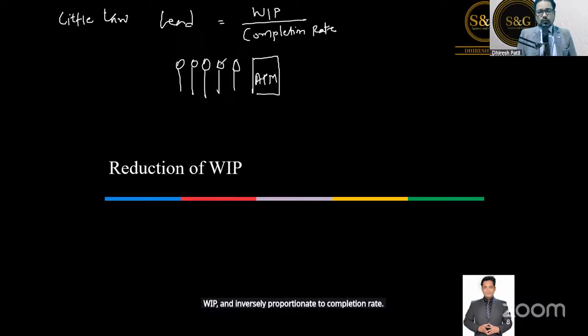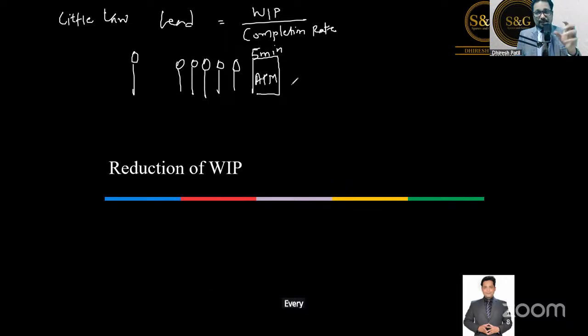Example: there are 5 people in the queue and the 6th person is you. Every person takes an average of 5 minutes. Tell me how much total lead time you will have. Type in the chat box. Every person takes 5 minutes to take out the cash, you are the 6th person.